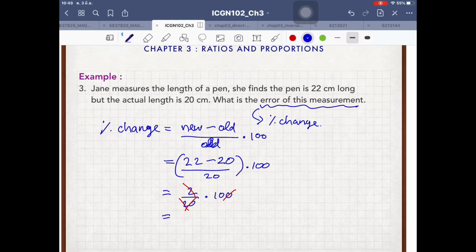Now you get 10. So now you can say that the error is 10%. All right, this will be the error from the measurement. Jane got 10% error from her measurement.